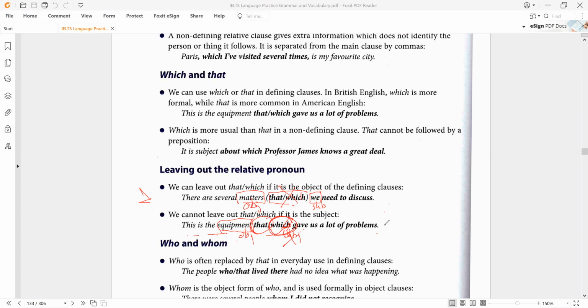If I say this is Ali, full stop. Ali studies French.